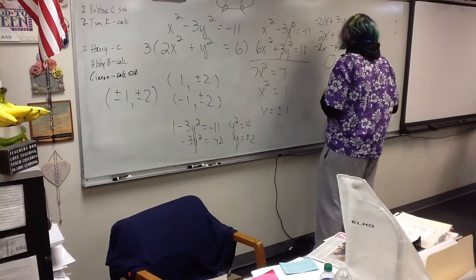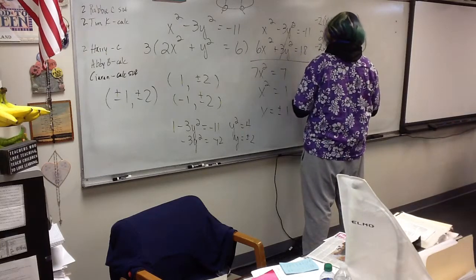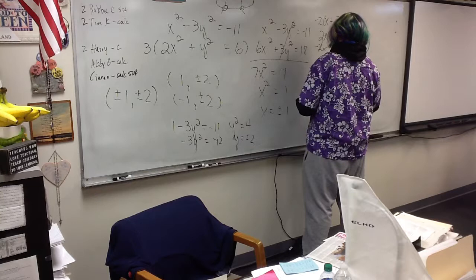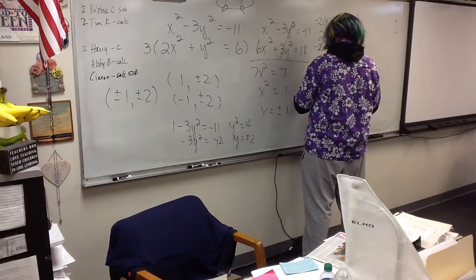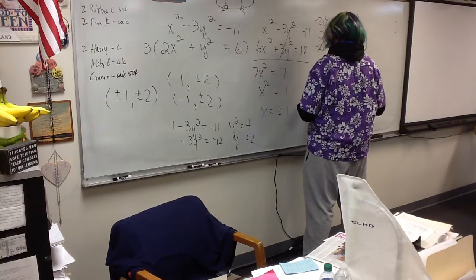Nothing on the left equals nothing on the right. Now, think about the problem Jabron did. He got -8 equals 3. That's not true. But this one says 0 equals 0. That is true. It's all solutions, right? These are the same lines, so what you write is the same line.